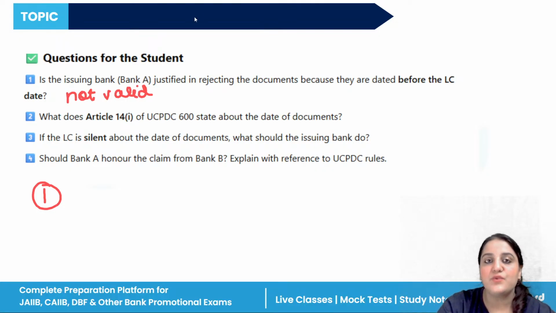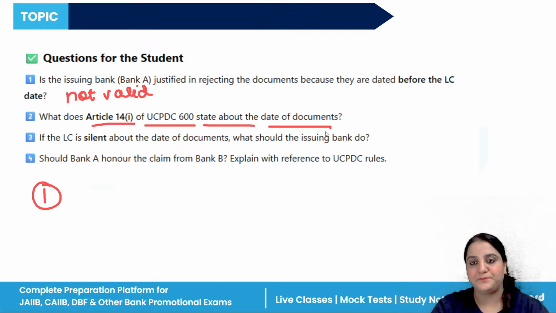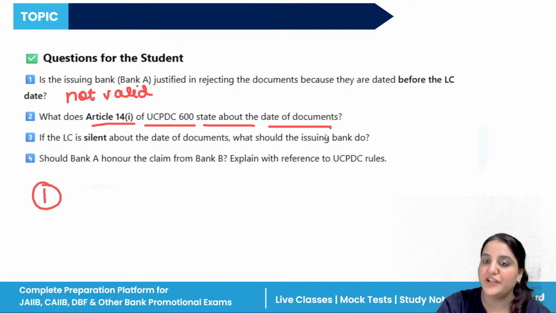Okay. So the next question they are asking is what Article 14 subsection I of UCPDC states about the date of the documents. See, Article 31 is about partial shipment, right?